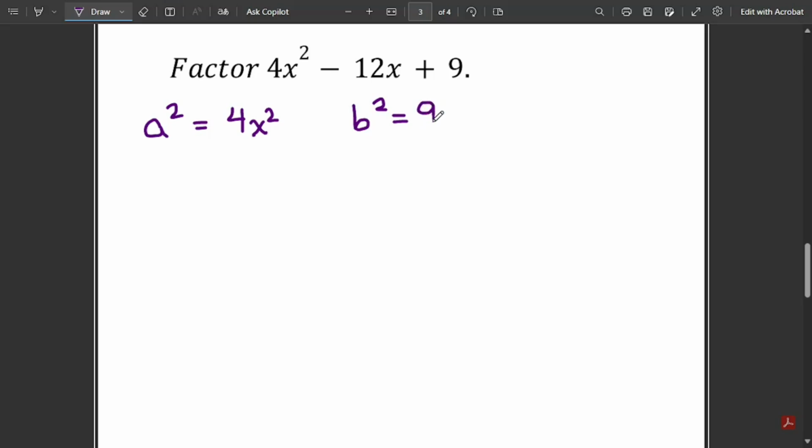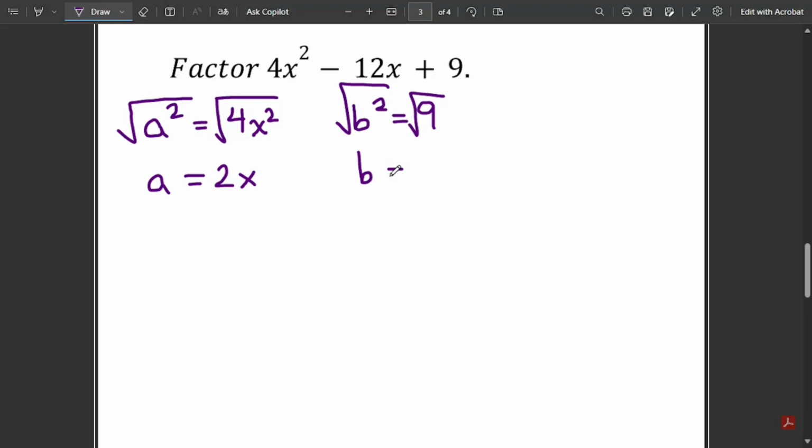I'm going to stick with the positive root for a, so I'm going to take the square root of both sides. And we're going to get a is equal to 2x. And I'll take the square root of b squared here. We have the negative here, so I'm going to pick negative 3. So b is equal to negative 3.